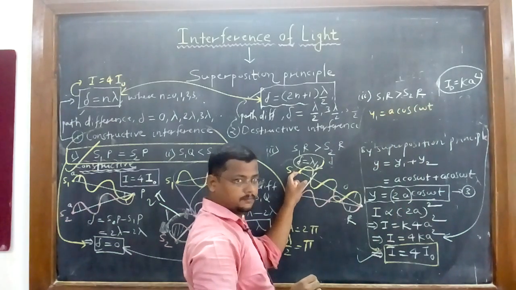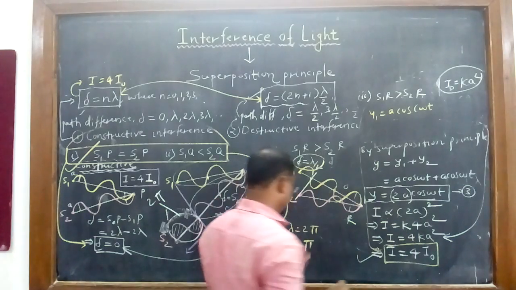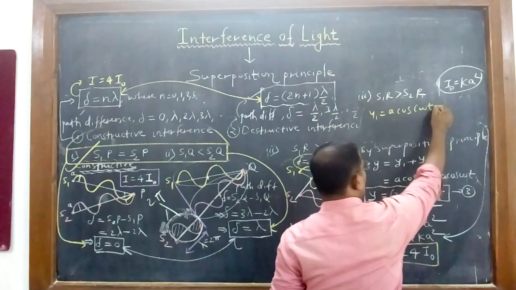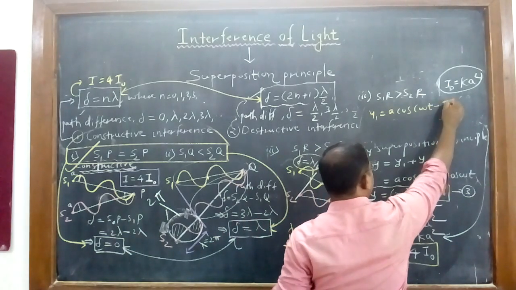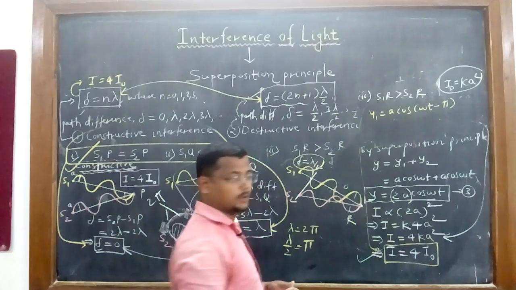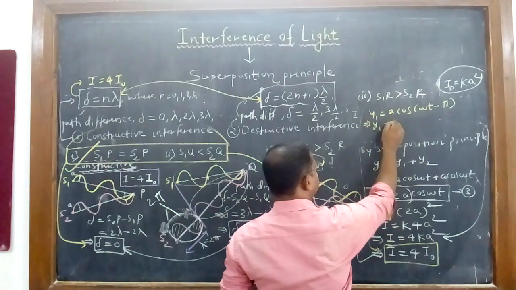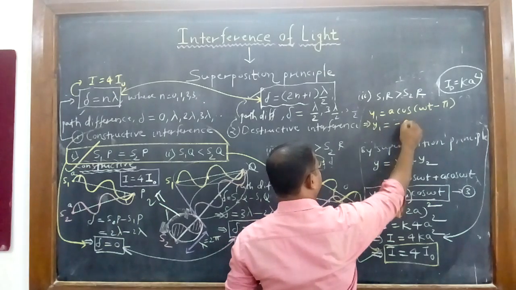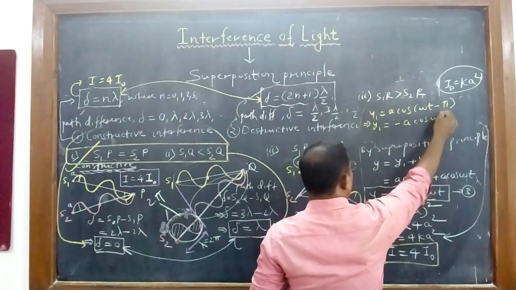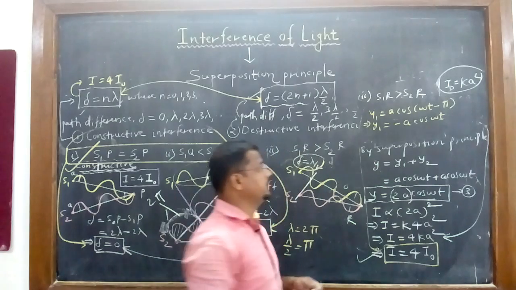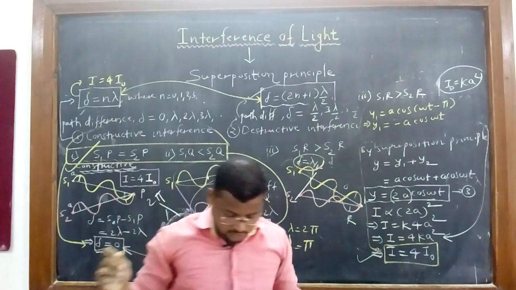The extra portion is lambda by 2, and lambda by 2 means pi. So it is omega t minus pi. Now this implies that y1 is equal to minus a cos of omega t, because cos of theta minus 360 is minus cos theta, right?